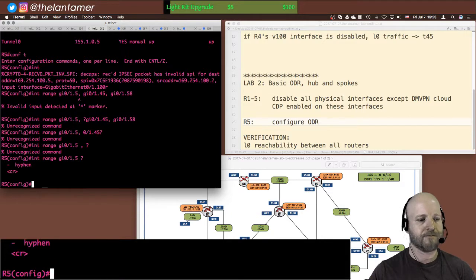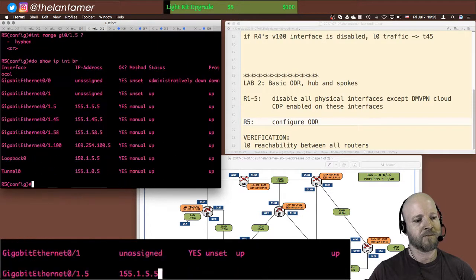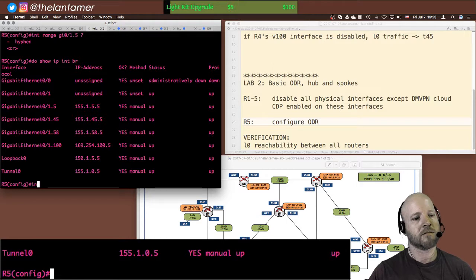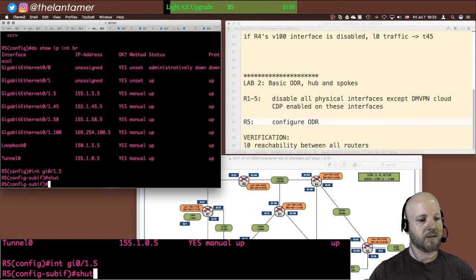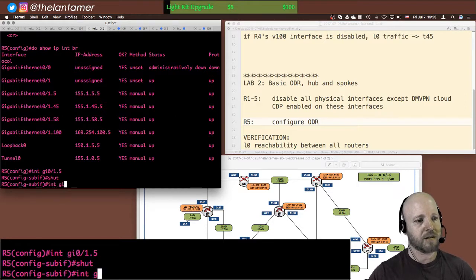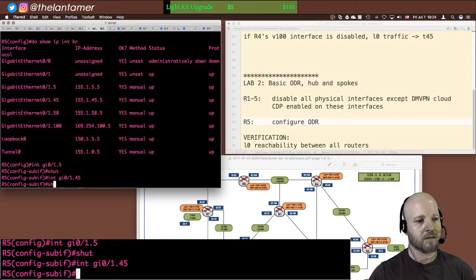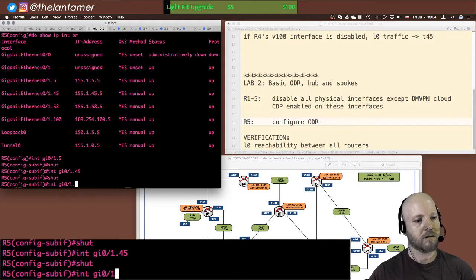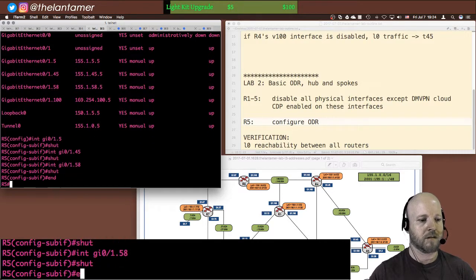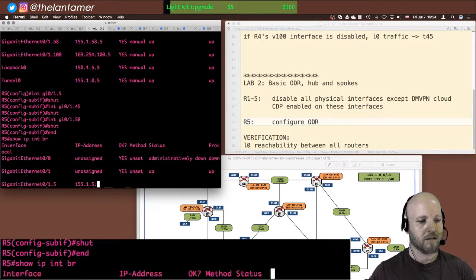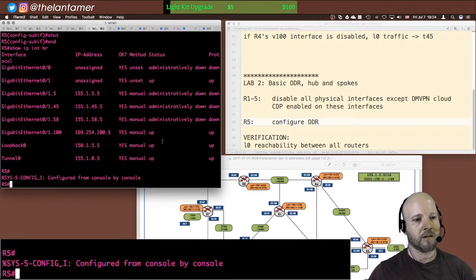Okay. No commas? See, I knew there was a reason I wasn't using the range command. Okay. All right, we've done that step.